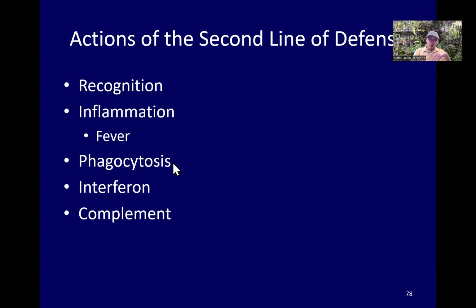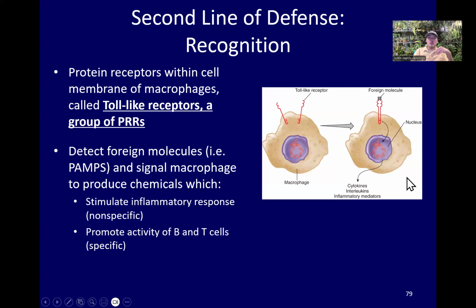You have phagocytosis, which helps to consume, eliminate and neutralize those pathogens as well as clean up afterwards. And then you have interferon and the complement system, which are specialized systems that help fight viruses and bacteria respectively.